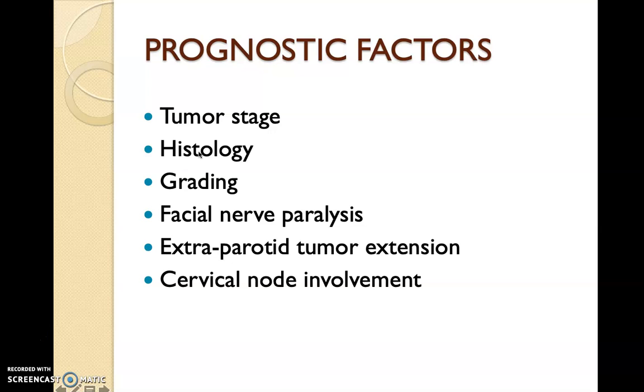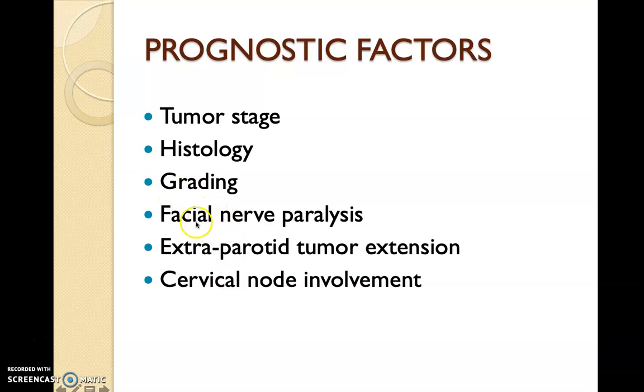Okay. So what is the prognosis of the salivary gland neoplasm? It depends. There are so many things counted as prognostic factors. For example, the tumor stage: is it stage 1, 2, 3, like just now, 3A, B, C. Then the histology, the grading. The difference between staging and grading is that grading depends on the histology: is it very aggressive or not?